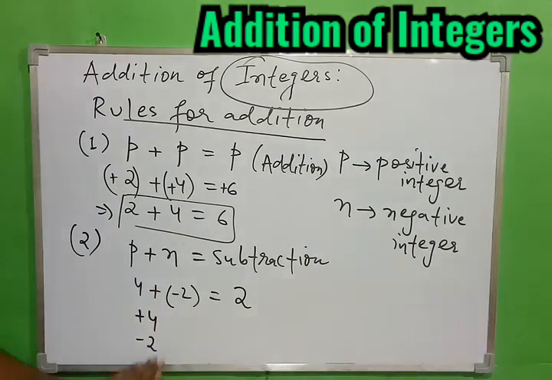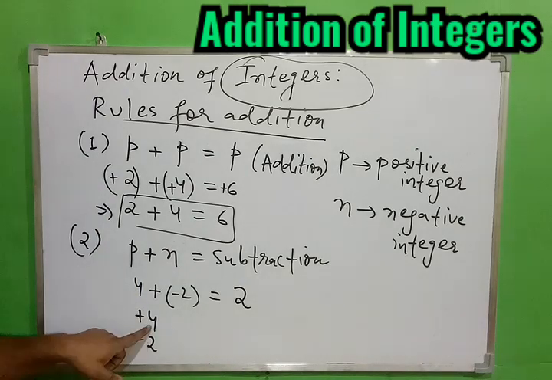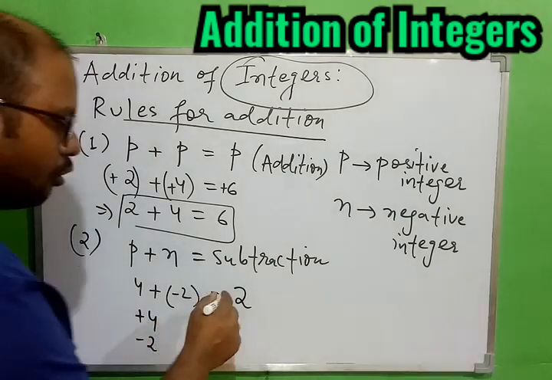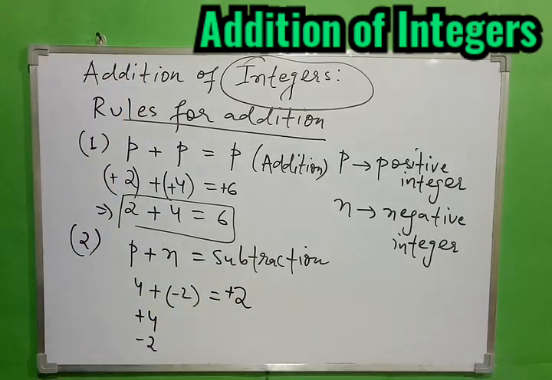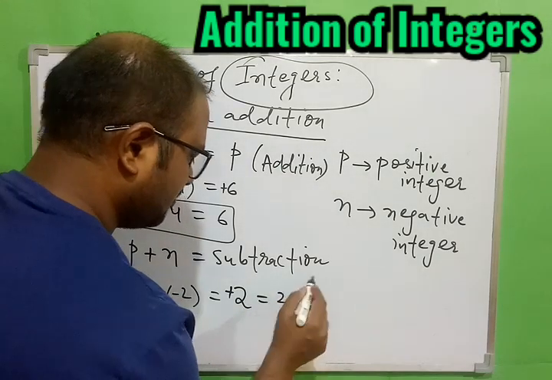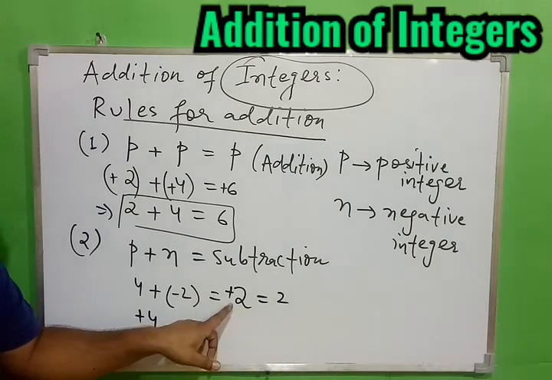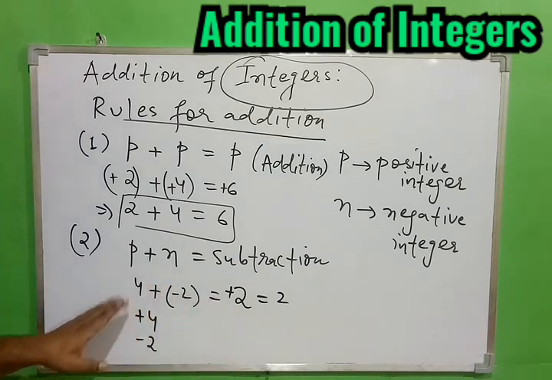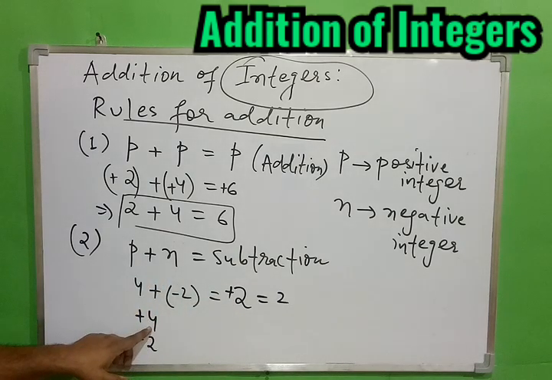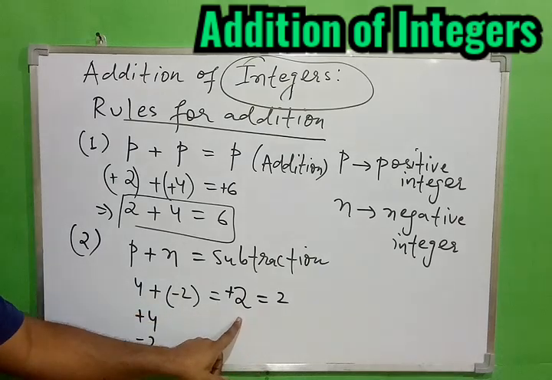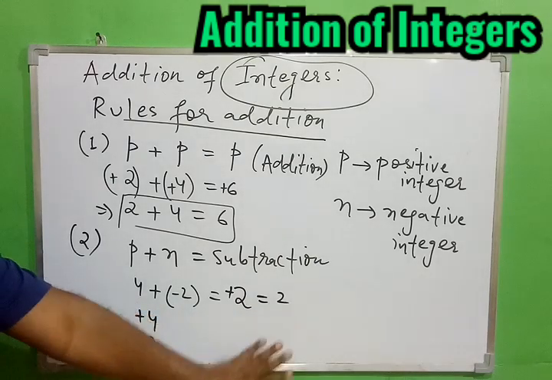Out of these two, the greater one is 4, and its sign, the positive sign, should be the sign of the answer. So overall the answer will be plus 2, or just 2. After doing the subtraction, we put the sign of the greater number. Here 4 is greater than 2, and in front of 4 we have positive, so we write positive 2, or just 2.